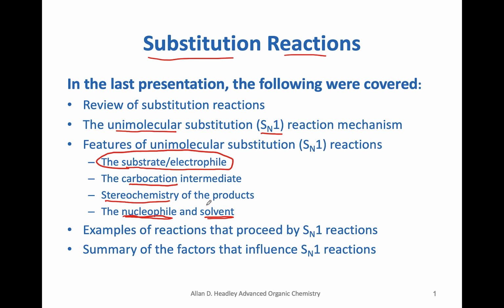So that's why it's often referred to as solvolysis. These reactions are termed solvolysis because the solvent is typically the nucleophile. Then we looked at some examples of analyzing reactions that proceed by SN1.